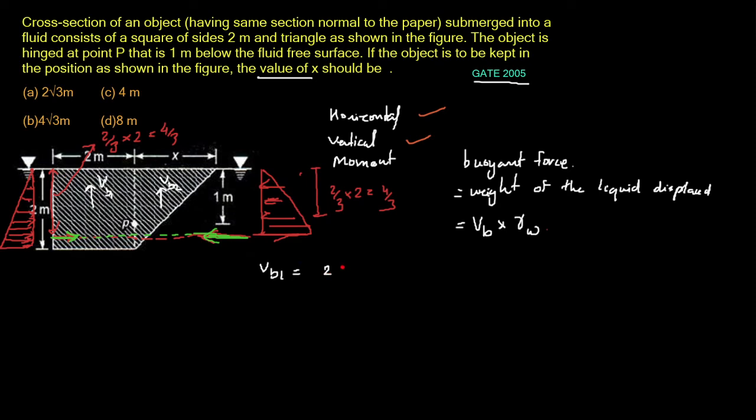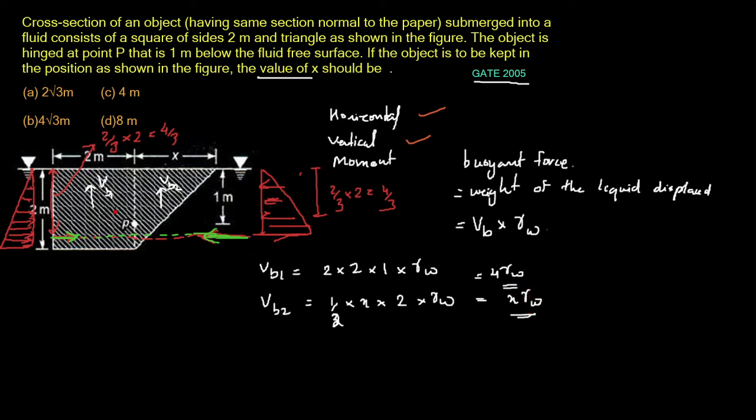Area would be 2 into 2, and the thickness, let's take it as a unit thickness into the plane, so it would be 1, and into gamma W. And for VB2, we have the area of the triangle, that is half B H, B is let's take it x, and the height is 2 meters, so half into x into 2 into gamma W. So we have 4 gamma W and x into gamma W.